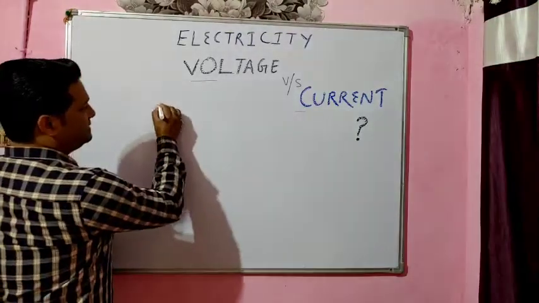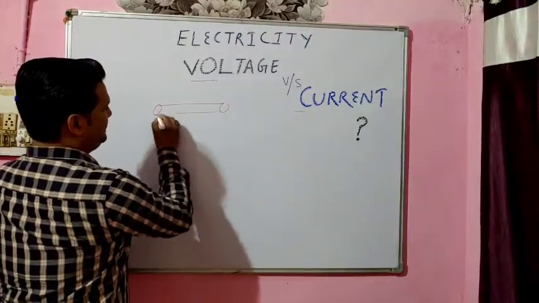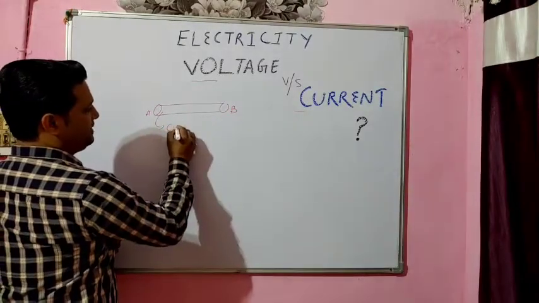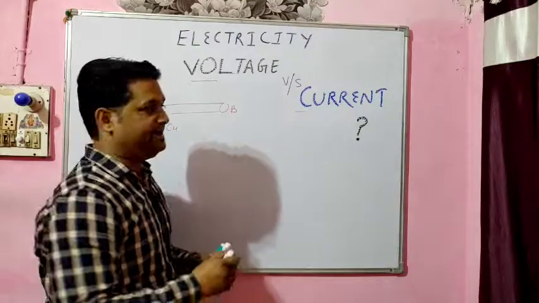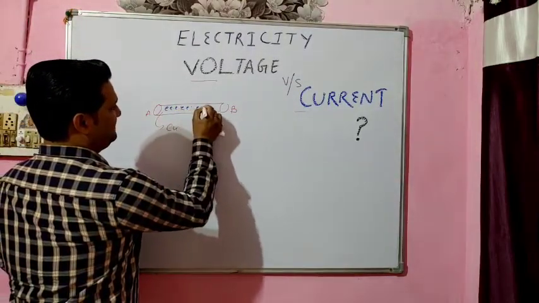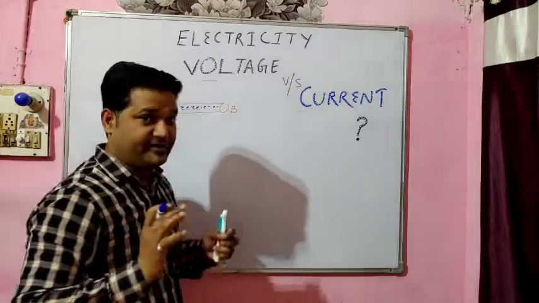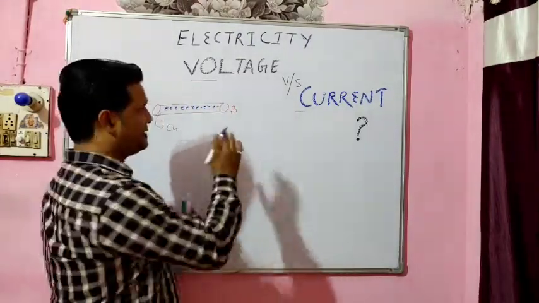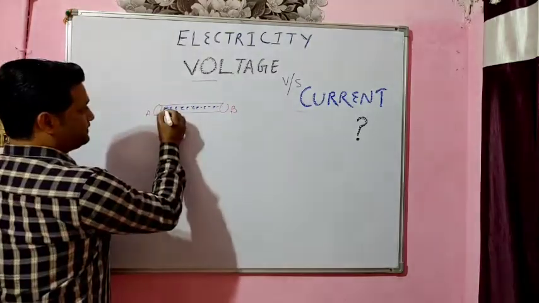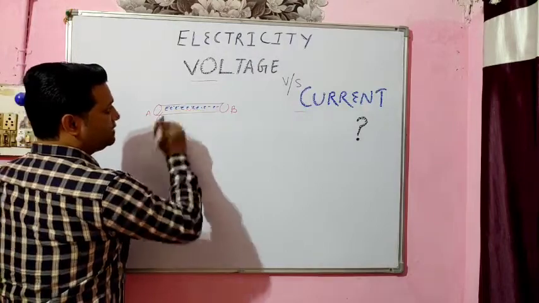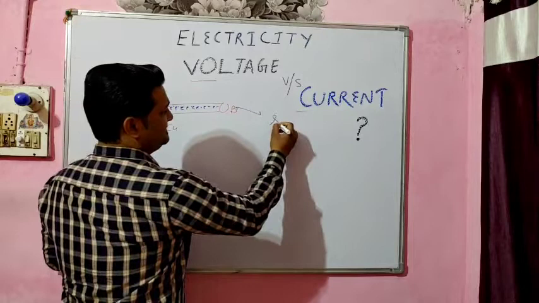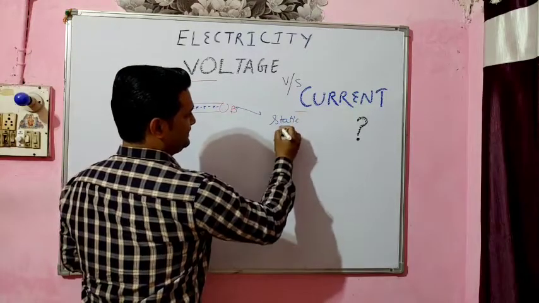Suppose you have a wire, let's say wire AB, and it is made of copper, and electrons are embedded in it. We know that electrons are present in metal. When these electrons are not moving, we say that they produce static electricity.